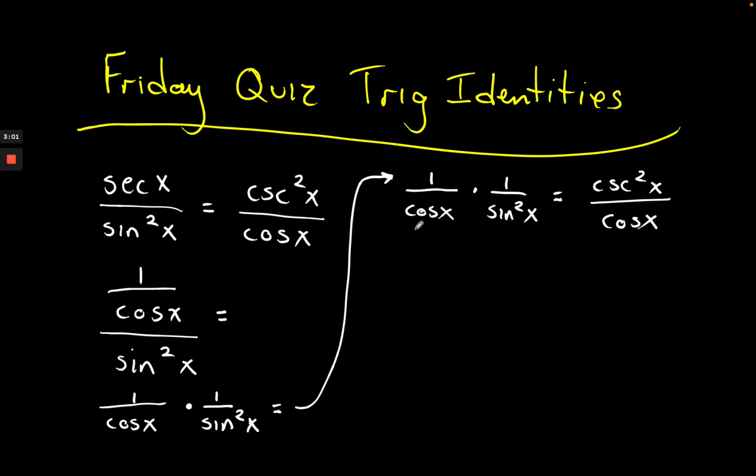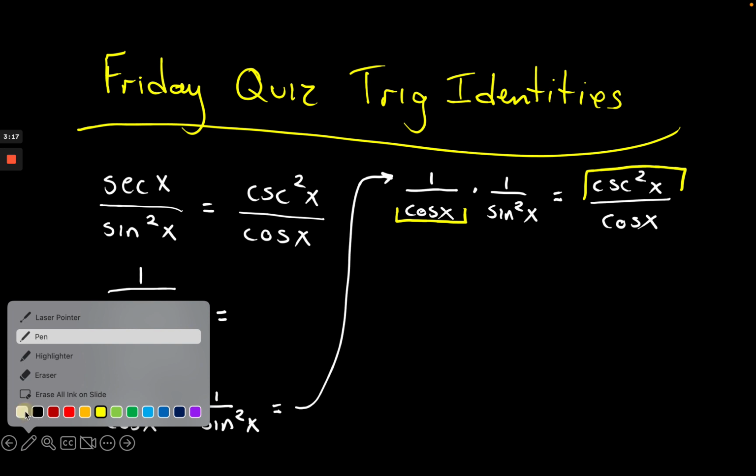At this point I'm doing pretty good because I have the cosine x part in the denominator. I've got to work on getting this sine squared to be a cosecant squared.